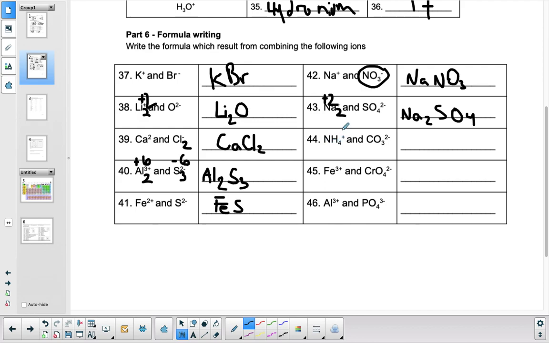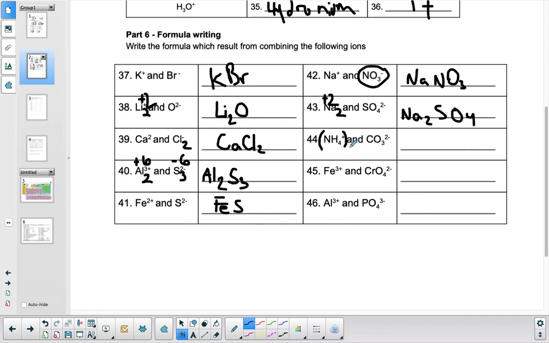NH4, positive 1, CO3, negative 2. So here is another sort of tricky thing about writing polyatomic ions. When you have multiple atoms of a polyatomic ion, you need to put them in parentheses because that means you're doing 2 of the entire polyatomic ion.